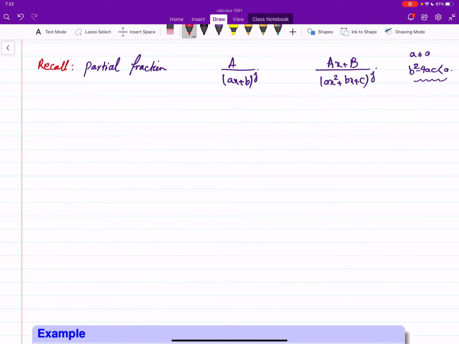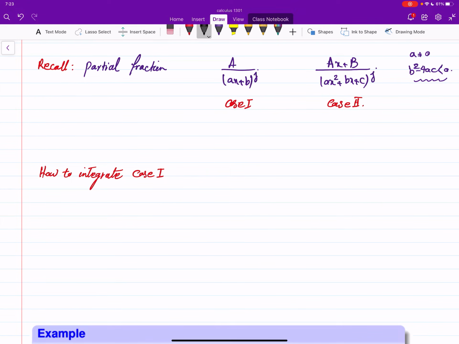So how to integrate case 1? I'll call this one case 1, and this one case 2. For case 1, everything is easy.